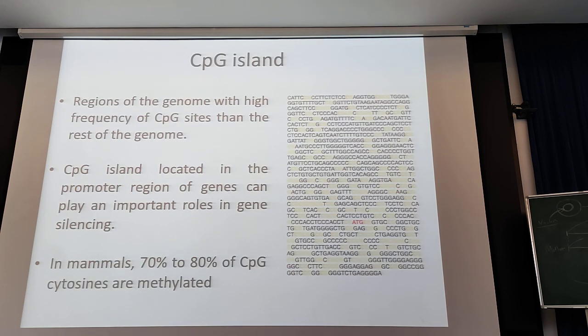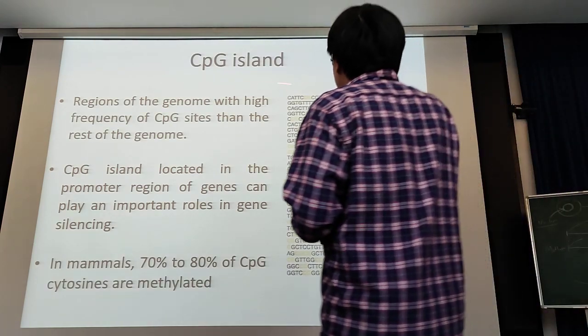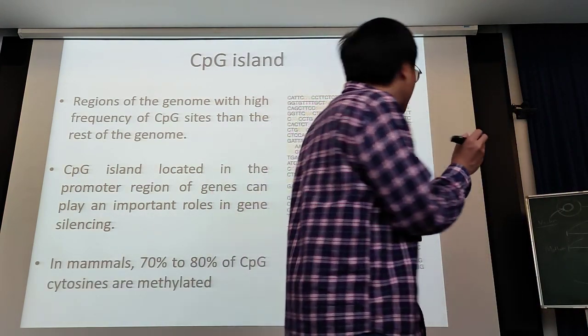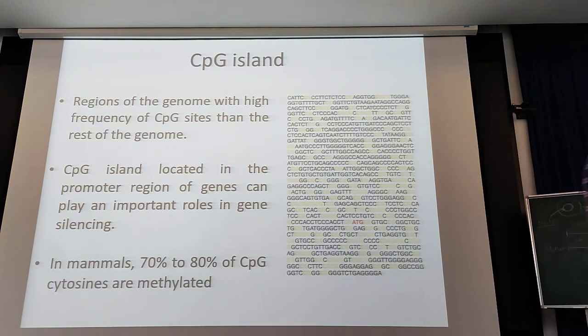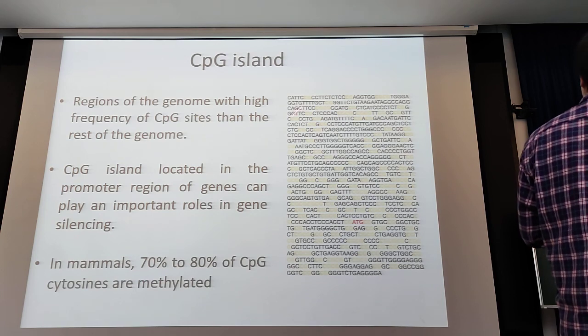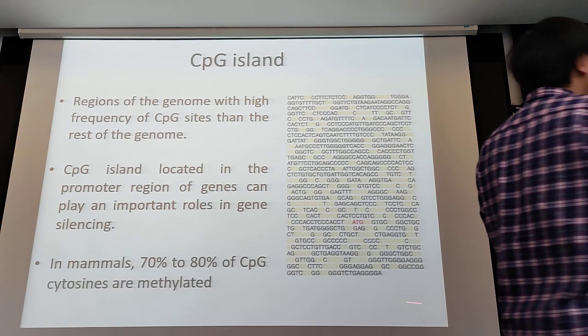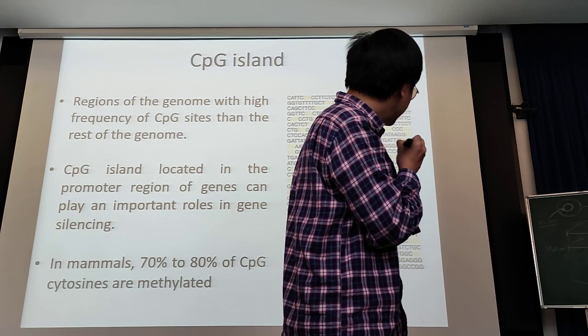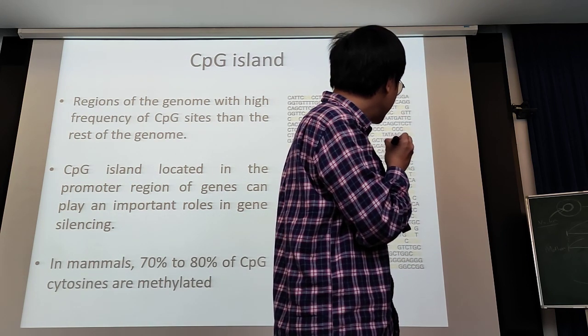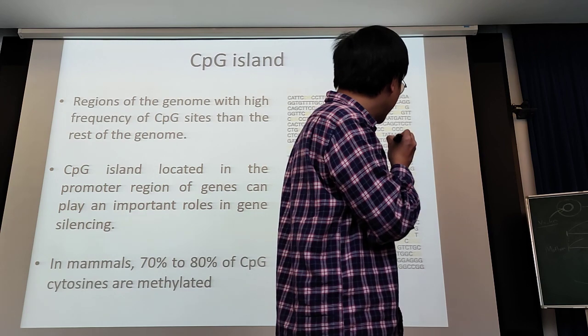Now, DNA methylation happens mostly in regions called CpG islands. CpG island is a term referring to a sequence that is rich in C and G. For example, we see here a sequence at the beginning of a gene. We can see A, T, G, the starting codon. This is the translation starting site.